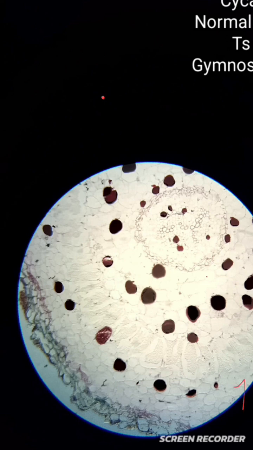But in the normal root, the cortex is thin-walled parenchymatous cells having tannin cells. So these are the tannin cells.